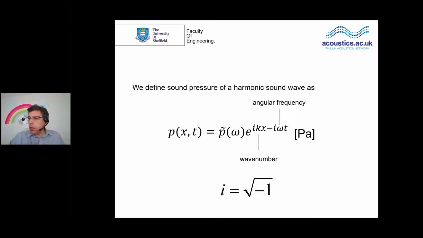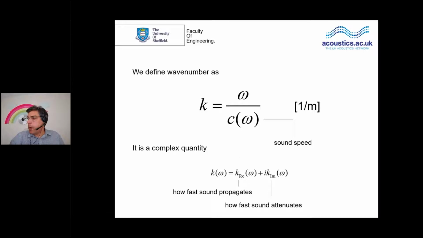Okay, so in this case, what is important in the previous expression is the wave number. And wave number is important because by definition, wave number is the frequency of sound divided by the sound speed. When we talk about sound speed in air, it's a real quantity. It's probably 340 meters per second. But in acoustic materials, like porous media, it is usually a complex quantity.